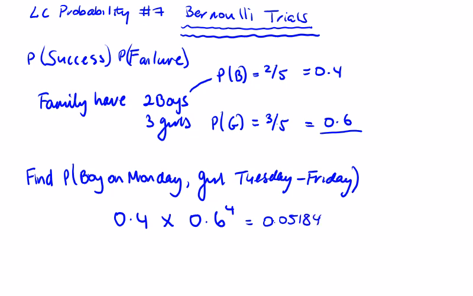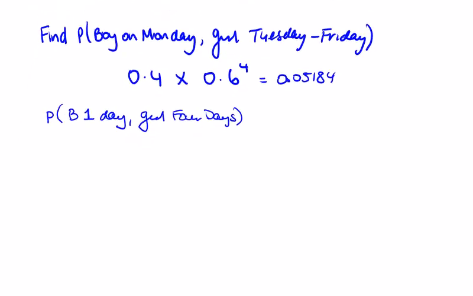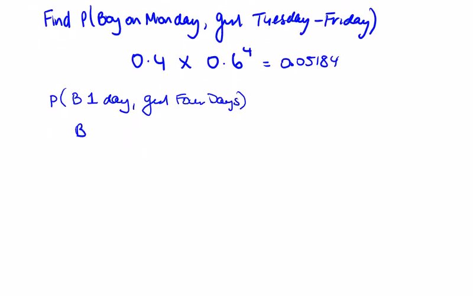But what if you were asked the question, what about if it was a boy on 1 day and a girl on 4 days? So we can have boy, girl, girl, girl, girl. We can have girl, boy, girl, girl, girl. We can have girl, girl, boy, girl, girl.